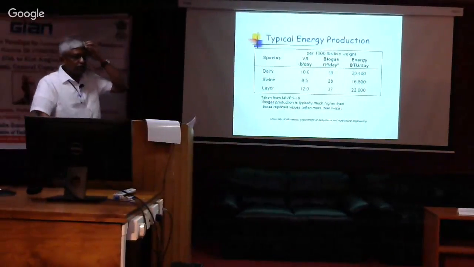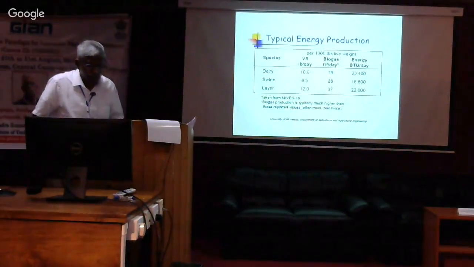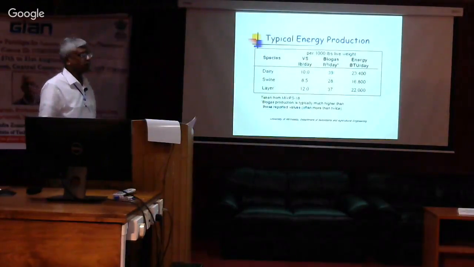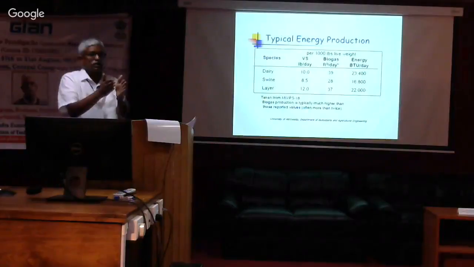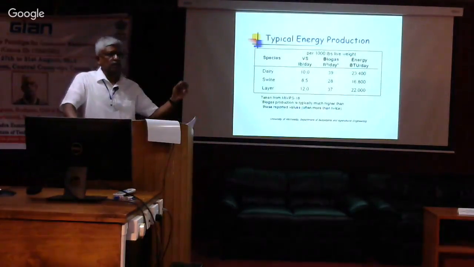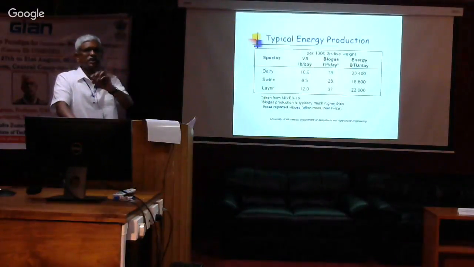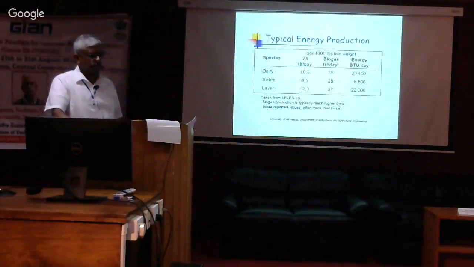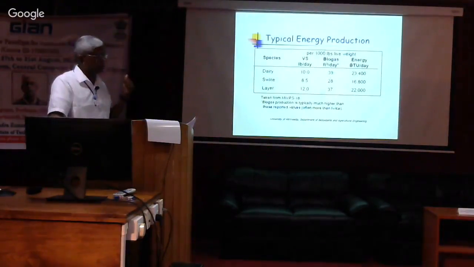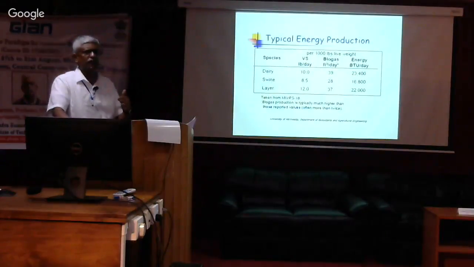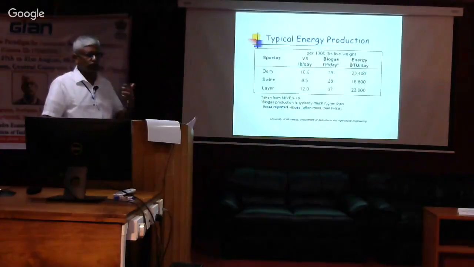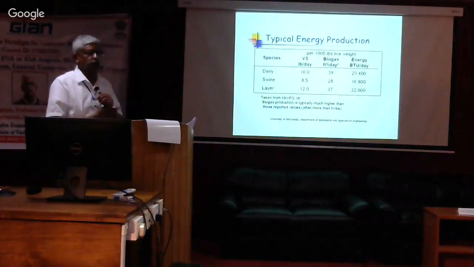Now, if you want to maximize your meat production or your milk production, because these cows are staying so close to each other, there is always this danger that if an infection comes in, it spreads like wildfire. So you have to protect these animals from infection. How do you protect? You vaccinate them, you give them all kinds of antibiotics, very high dose.